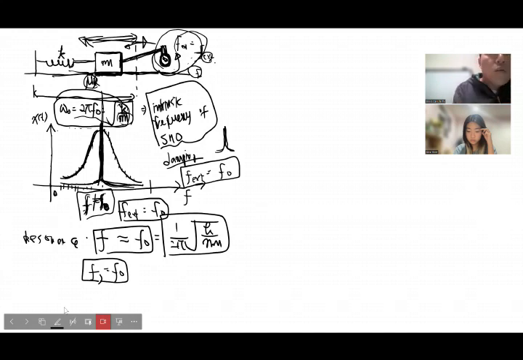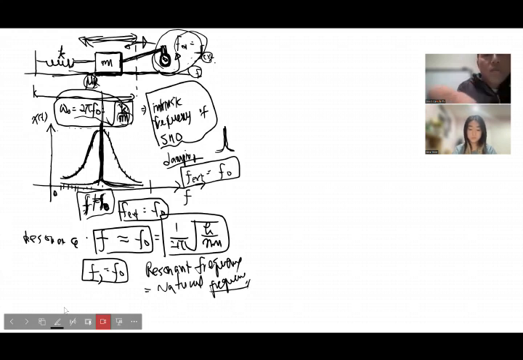So that is also called the resonance frequency. So the resonance frequency is the same as the natural frequency or intrinsic frequency of the forced harmonic oscillator.